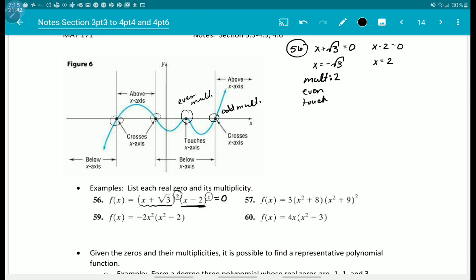The multiplicity is 4. 4 is also an even number, so it's going to touch the x-axis there also. So if we were to graph this, we would see this graph touch the x-axis at negative square root of 3 and at 2. That's a great thing to do. You grab your calculator, pause the video, and graph that equation to verify that.